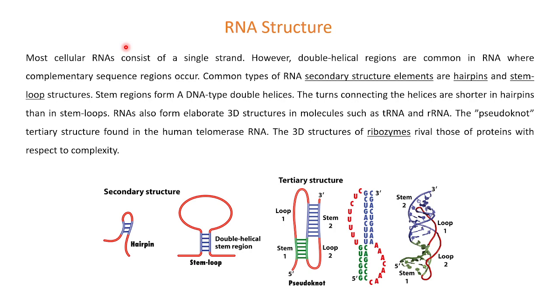The turns connecting the helices are shorter in hairpins than in stem loops. RNAs can also form elaborate 3D structures in molecules such as tRNA and rRNA. The pseudoknot tertiary structure is found in human telomerase RNA, and the 3D structures of ribozymes rival those of proteins with respect to complexity.